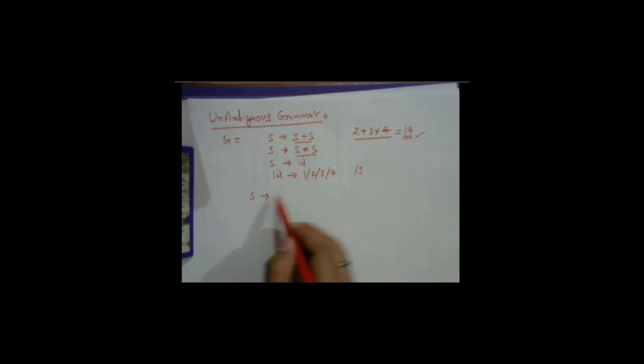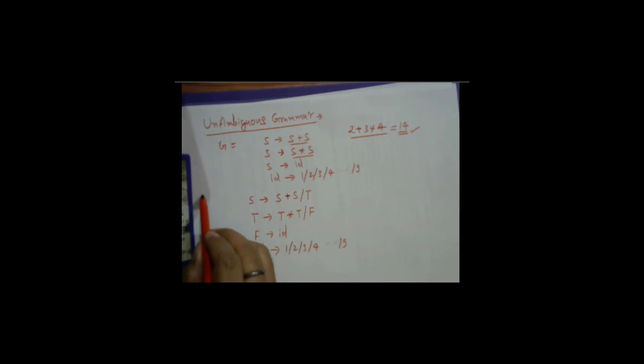Taking the same example, with the new grammar: S tends to S plus T, T tends to T into F, F tends to id, and id tends to 1 2 3 4 up to 9. This is the unambiguous grammar.